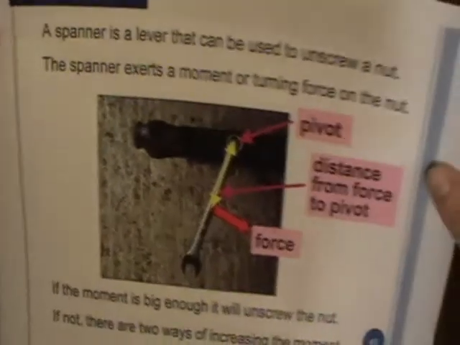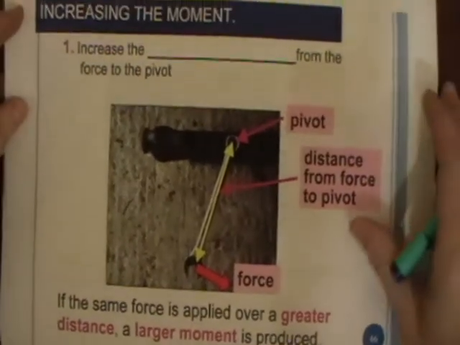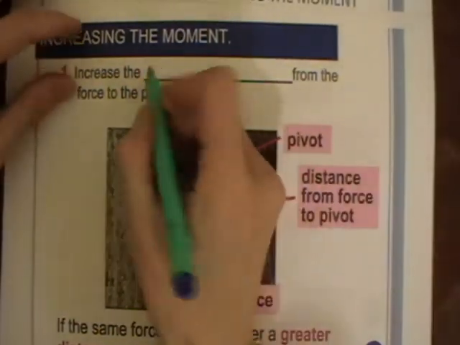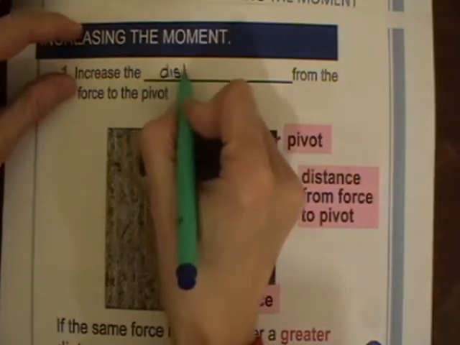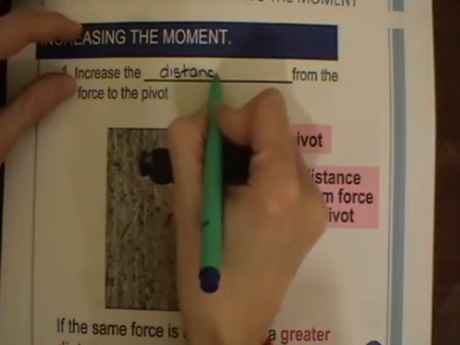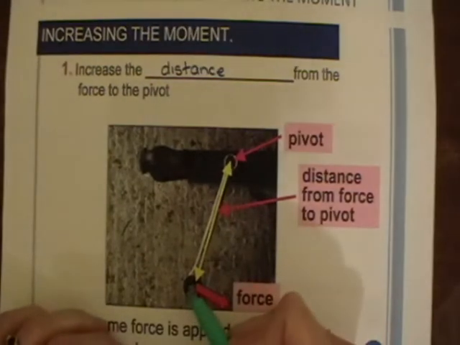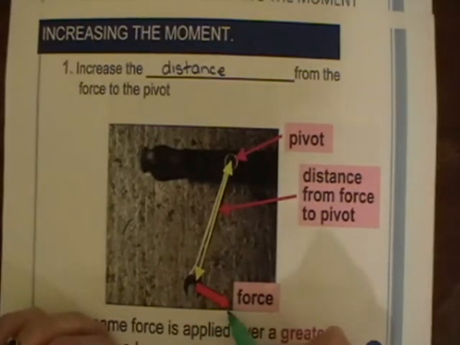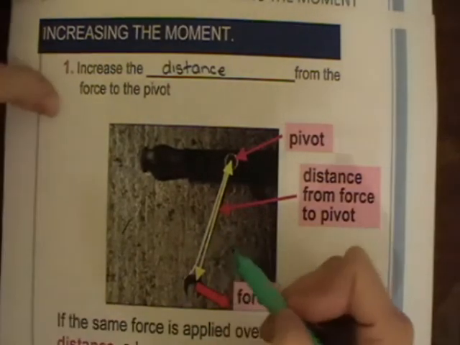Number one, we could increase the distance from the pivot. In other words, you could move your hand down the spanner and apply the force at the end of the spanner instead of halfway down.